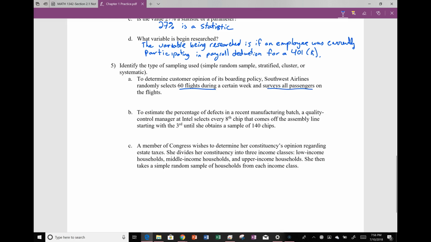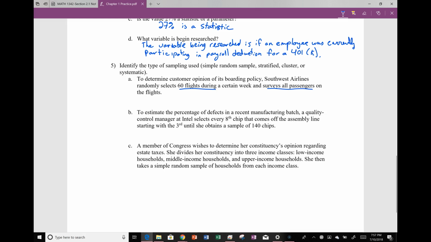Now question, do you think that there's more than 60 flights for Southwest in 1 week? Yeah, there are. There's a lot more than just 60 flights. So they separated their passengers into groups, basically into the flights themselves. And then they randomly chose 60 of those flights and surveyed everyone on those flights.